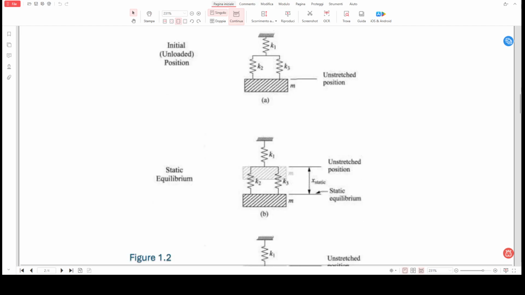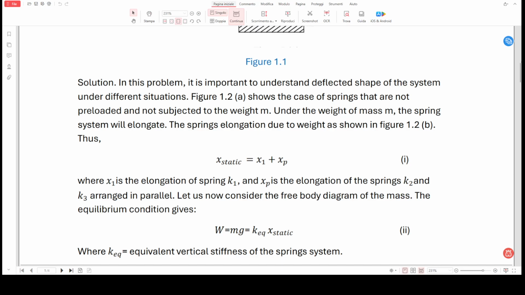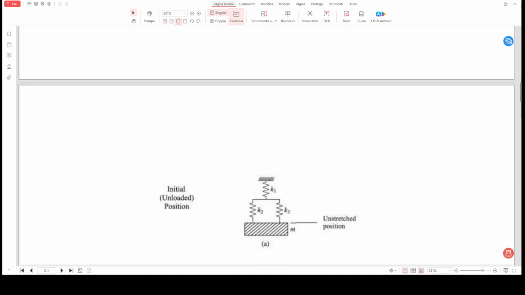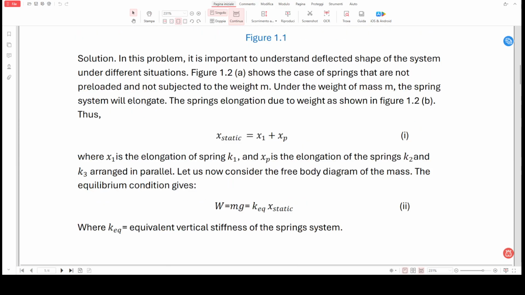In situation B, the mass is free to be attached, so there is a static equilibrium where the mass M has a static movement. So the static displacement x static is equal to x1, where x1 is the elongation of spring K1, plus xp, where xp is the elongation of springs K2 and K3 arranged in parallel.